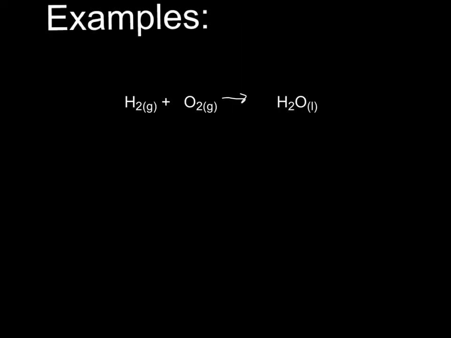Now, it's time to apply what we learned in the last slide to some real-life examples. We're going to start off with an easy equation, the synthesis of water. Here we have 2 hydrogen atoms bonded and 2 oxygen atoms bonded. When they react, we form water, right?